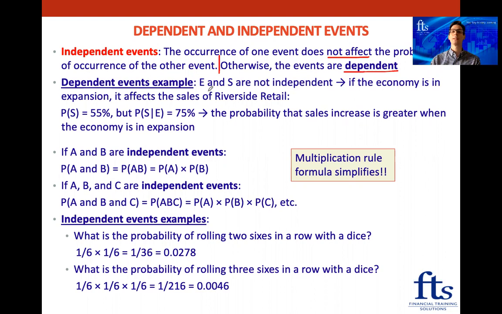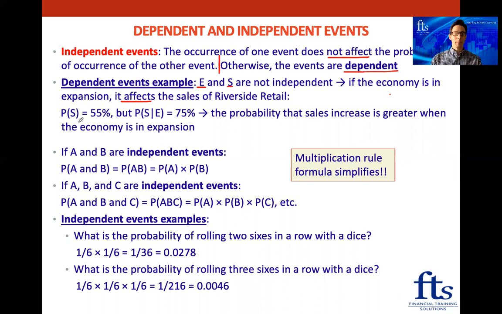And this is what we did in the previous class. Remember, E, that was the probability that the economy is in expansion, and S, that was the probability that the sales of Riverside Retail increase. Now, these two are not independent, because if the economy is in expansion, then of course it's going to affect the sales of Riverside Retail.